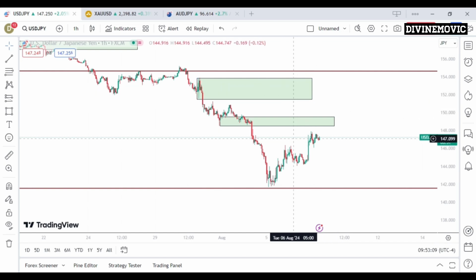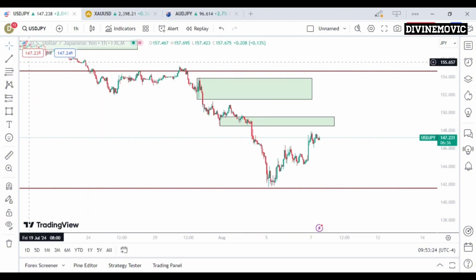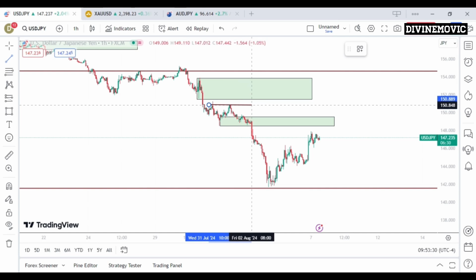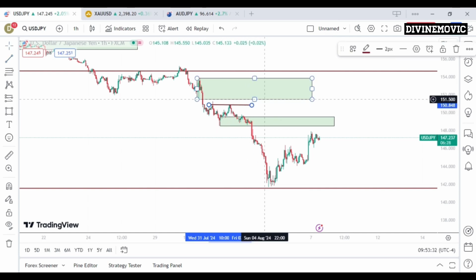So our first confirmation is for price to use this one as a liquidity to trigger this one for a sell. People who are selling from the supply zone will be looking to put their stop losses above this place, and price might use all of these as fuel to trigger the next zone here, right?